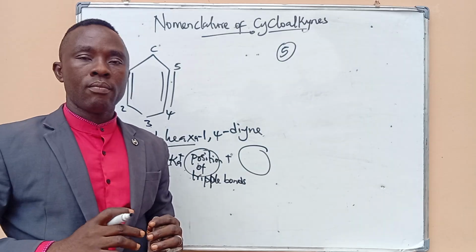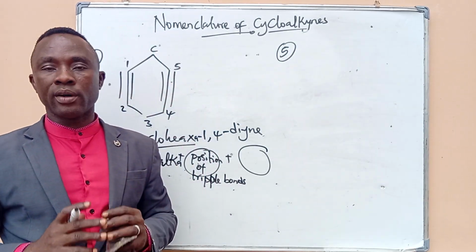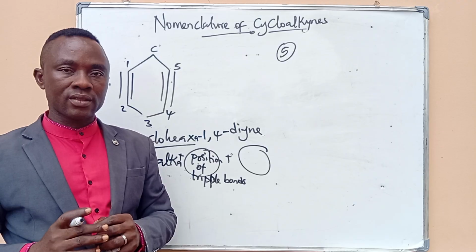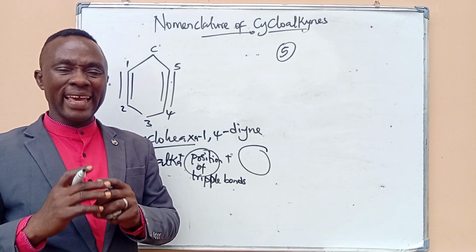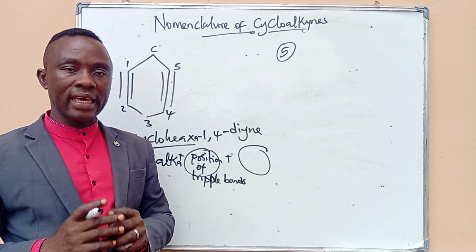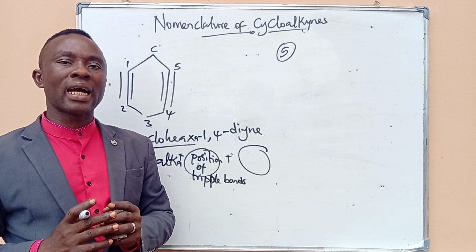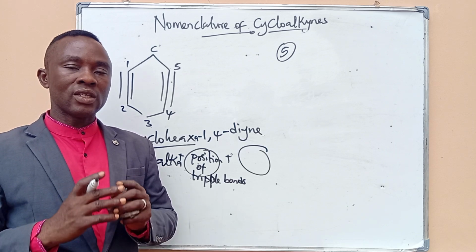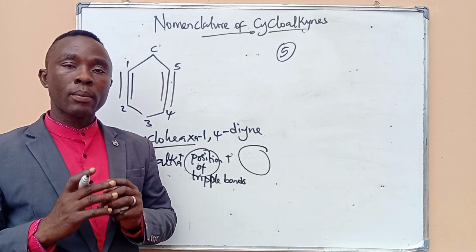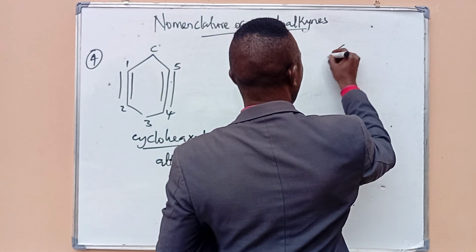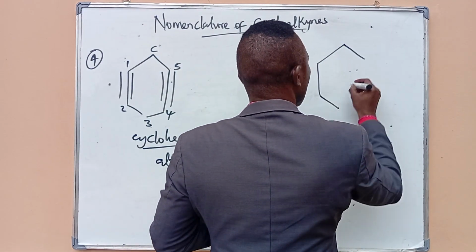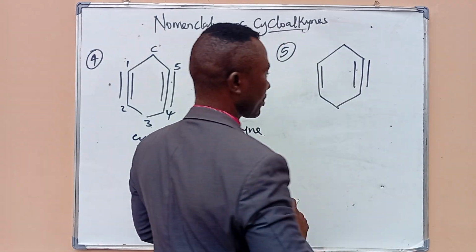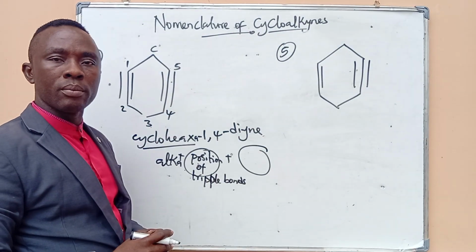Then number 5 rule. If we have both double and triple bond in the cyclic compound, we give preference to the ene. So we number in such a way that the ene is preferred, and gets the lowest number possible. Now, when we have a double bond and a triple bond here, how do we number?